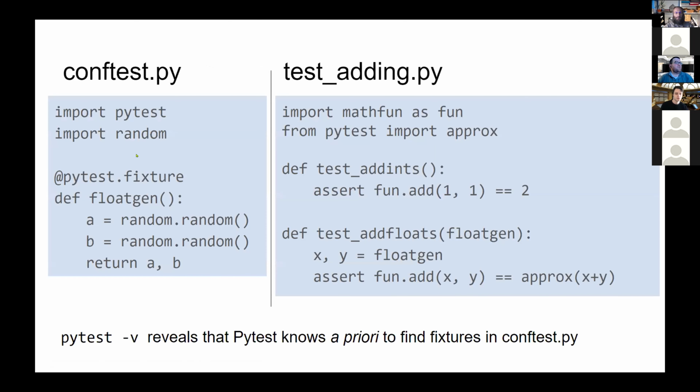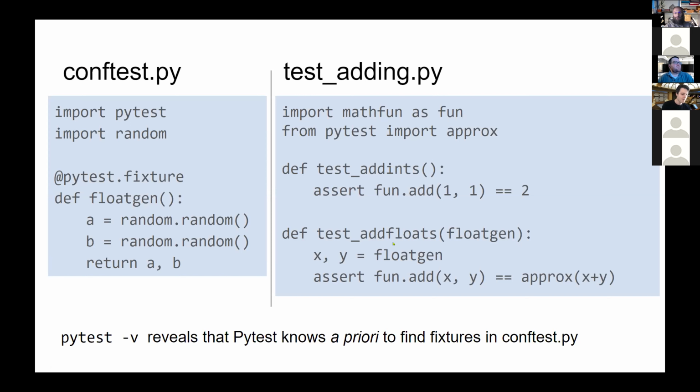Okay, let's give an example. Talking about it isn't so illustrative, but let's do an example. Here I have an imaginary module, mathfun, that's just a made up name, import fun. I have a function that adds numbers, and I'm testing that I can add integers and then I can add floats.